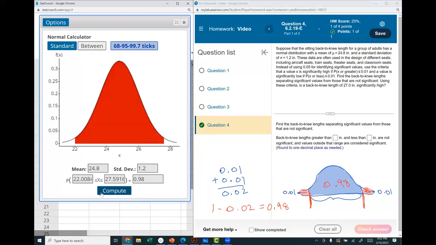I hit compute, and now I have the back to knee lengths are greater than, well, this is going to be the smallest value, right? And this is to 1 decimal place, so it's 22 inches. And less than 27.6.